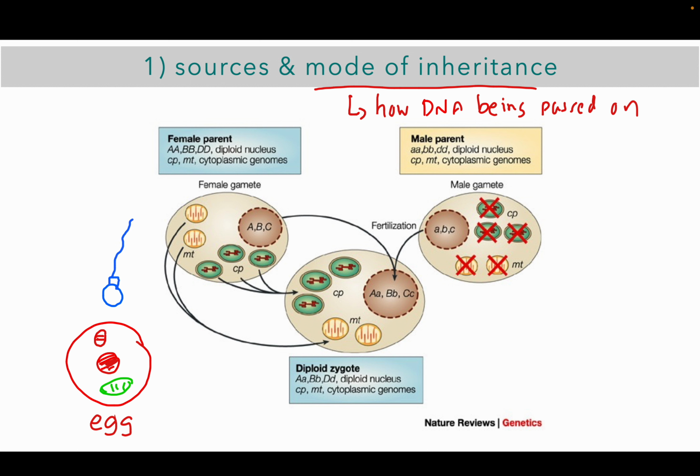The mitochondria is in here and then the nucleus is here. So when they fertilize, only the nucleus part comes in and the neck and the tail get lost. So usually only the nucleus gets merged into the egg cell and they shake everything else off.